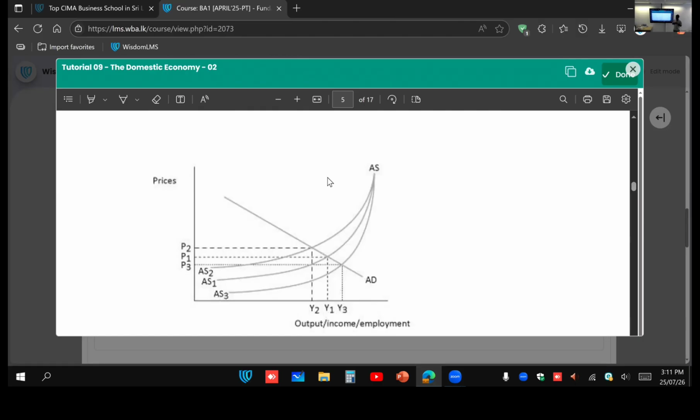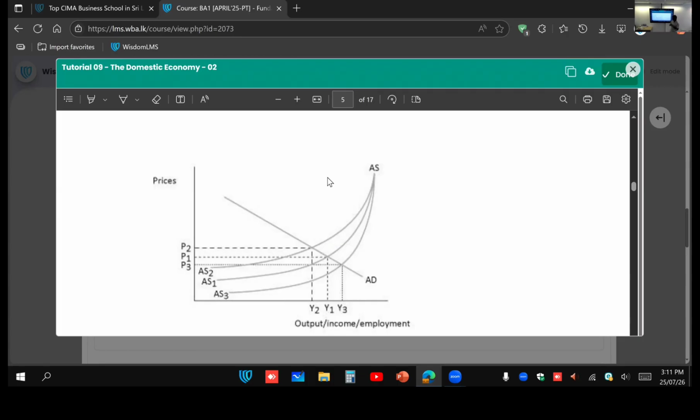How can you interpret? When it comes to AS1 to AS2, aggregate supply has increased or decreased? AS1 to AS2. Increased, decreased or confused? Three options now.